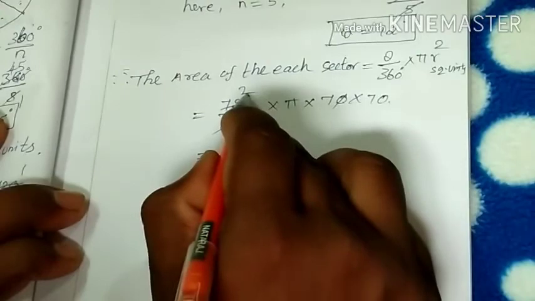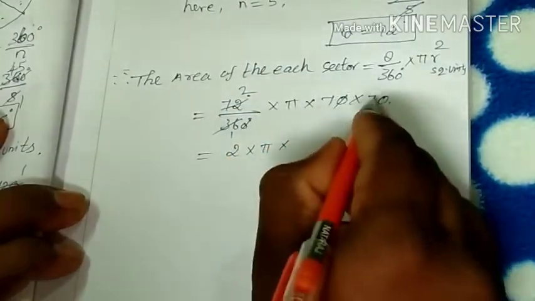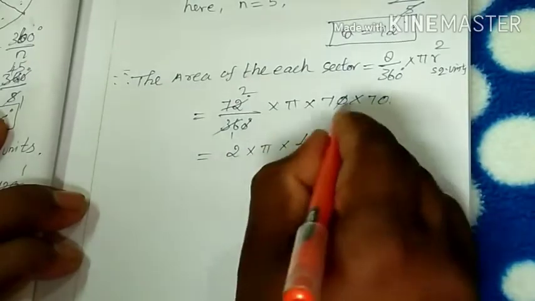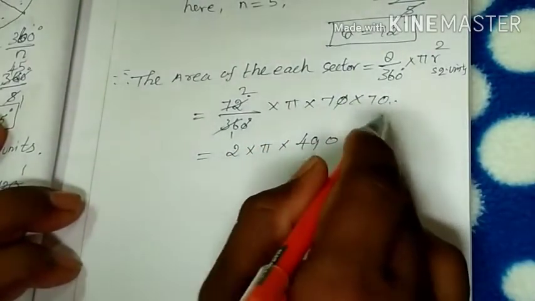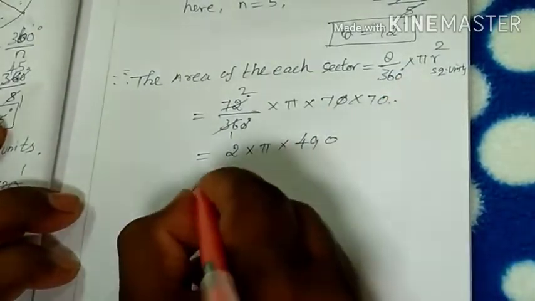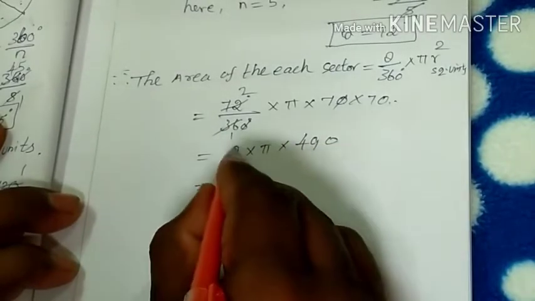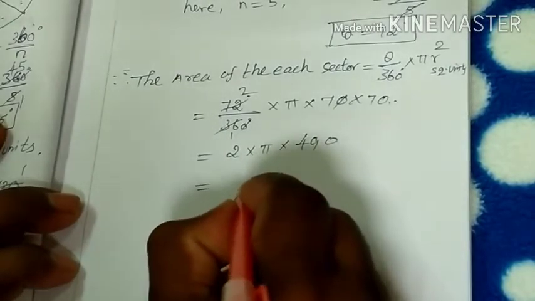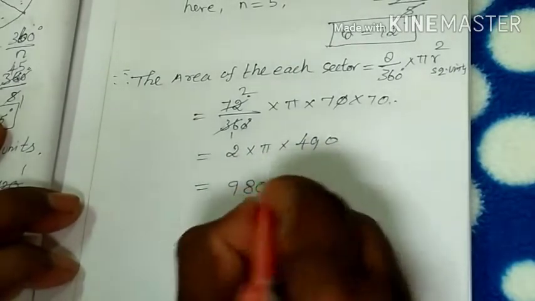The remaining numbers are 2 pi into 7 into 70. 7 7s are 49, then 10. Don't miss any value, because r square represents 2 times of a value. So 2 into this value, 2 zeros are 0, 2 9s are 18, carry 1, and 2 4s are 8, 8 plus 1 is 9.